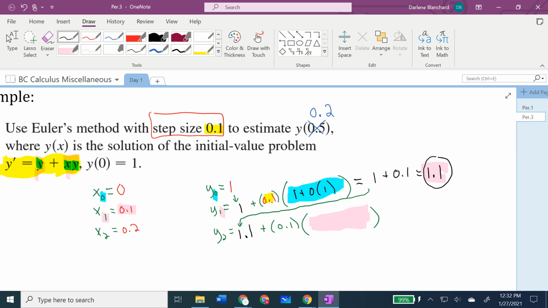Let me go back over to here. And now I'm plugging in to the x's and y's of the derivative formula, the sub 1 values. 1.1 plus 0.1 times 1.1. Now, I'm going to say this.